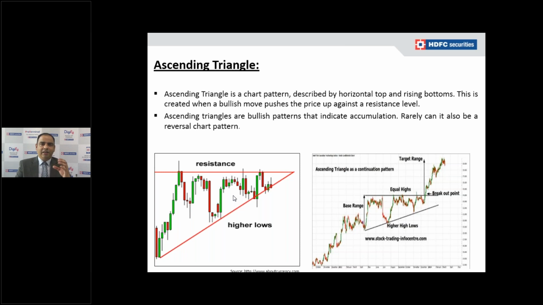This consolidation, after taking multiple resistances at some point, at maybe 100 or whatever it is, eventually forms a higher bottom, higher bottom, higher bottom. It means it creates the energy for the further breakout. During the consolidation phase, the market goes nowhere but creates the energy for a further up move. Once it breaks out above the triangle pattern, it leads to a continuation pattern.